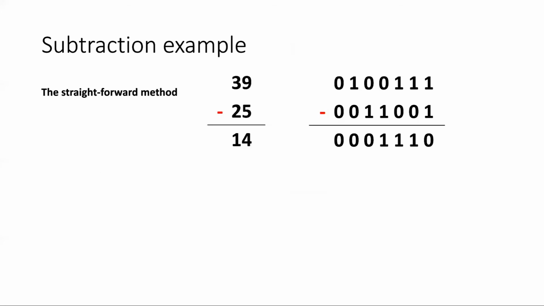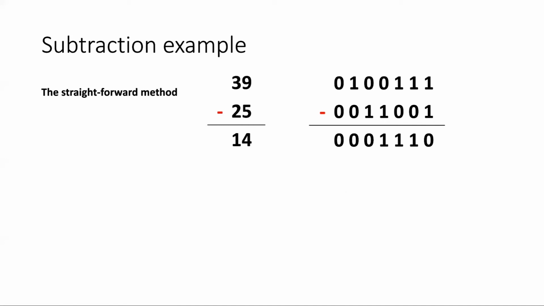Let's see an example. So we want to do this subtraction. We want to do 39 minus 25. In the straightforward method, which was the previous method I had shown you for positive numbers, we simply write them and follow the steps for subtraction.